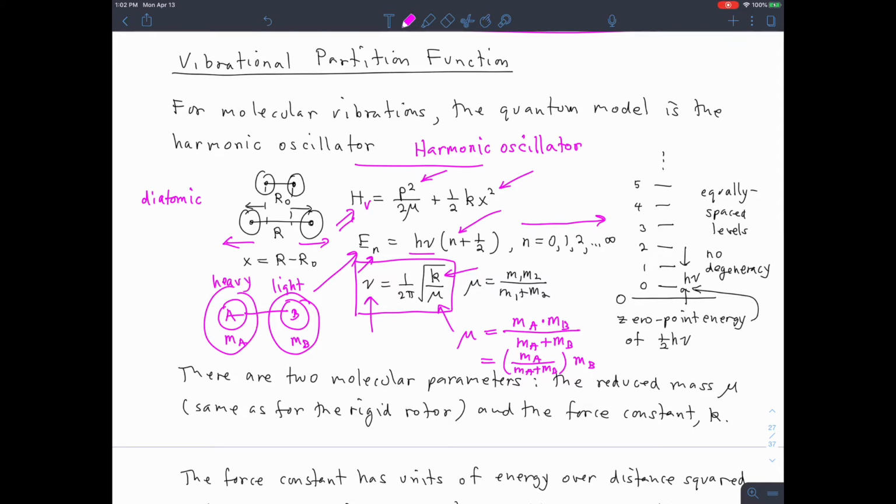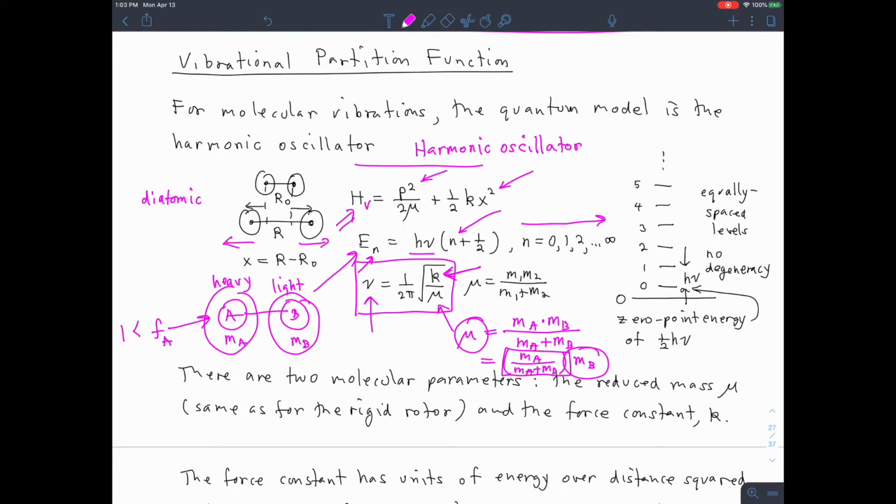If you think about it that way, then the quantity in the parentheses is the fraction of the total mass that's in the heavy molecule. And therefore it's less than 1. A fraction always has to be less than 1. And that means that the reduced mass is always less than the mass of the lighter molecule.